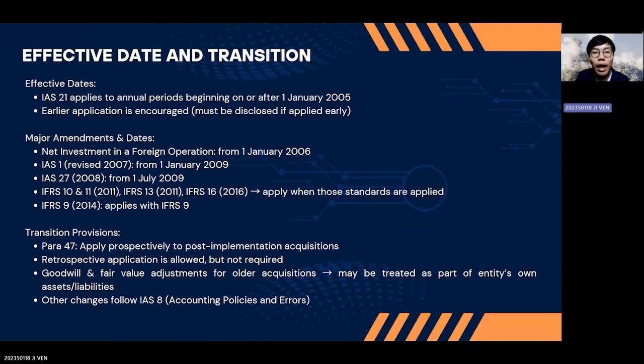Instead, any goodwill and fair value adjustments from those acquisitions can be treated as assets and liabilities of the reporting entity itself, not of the foreign operation. And lastly, all other changes should follow the transition rules in IAS 8, which deals with accounting policies, changes in estimates, and correction of errors.